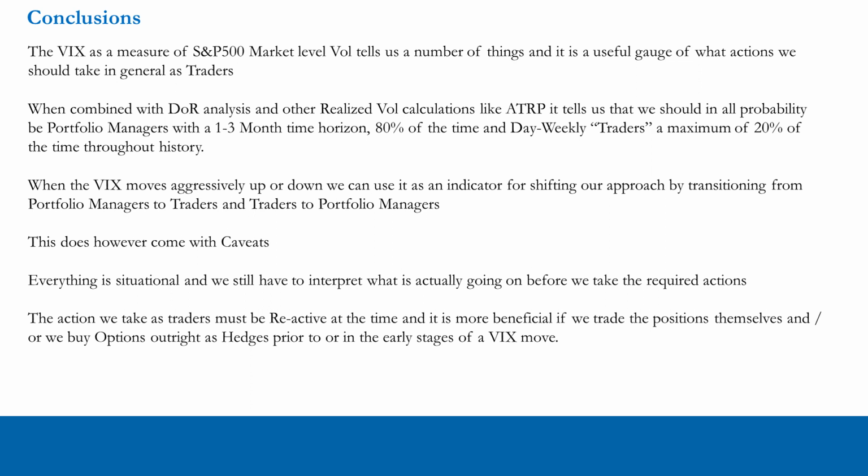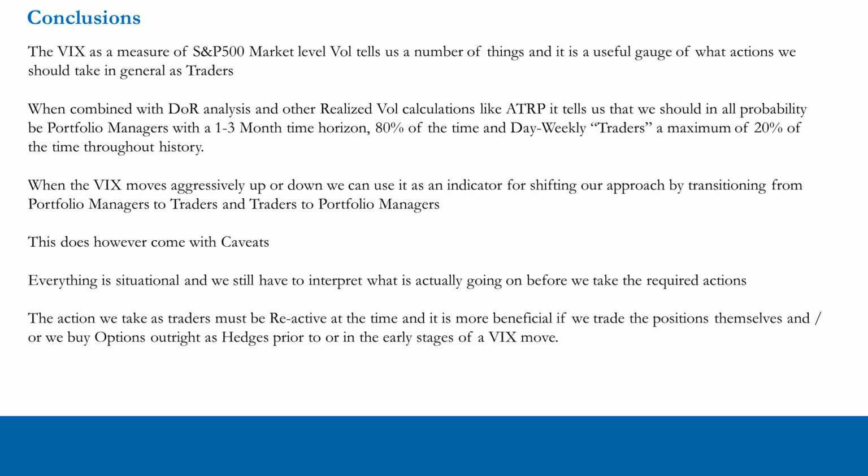But if you are required to have some sort of hedge in your portfolio, it's much better to go for outright options or simply just trade the positions themselves. So reduce the size of those positions that you think are going to have a detrimental effect on your returns if the VIX goes up a lot.